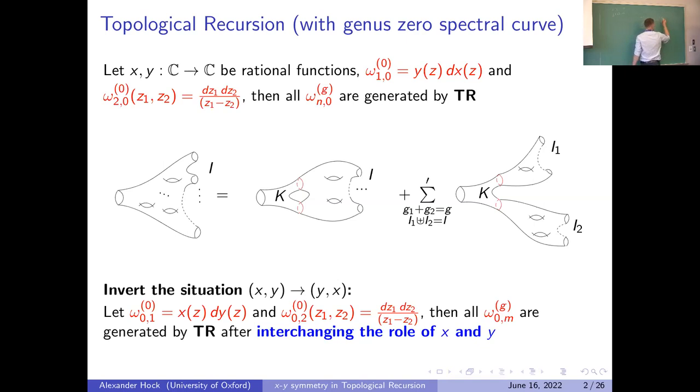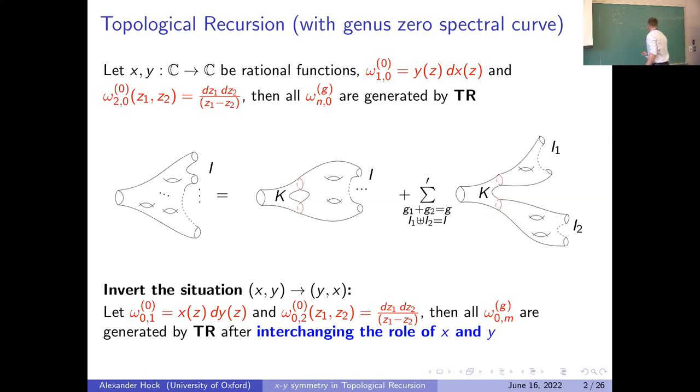Then you have here some Q, where you take the residue over Q going to these ramification points. And then you have the set I1, G2, I2 plus 1. And then you take here the Galois involution, whatever it is. I will not talk about that because I don't need it.